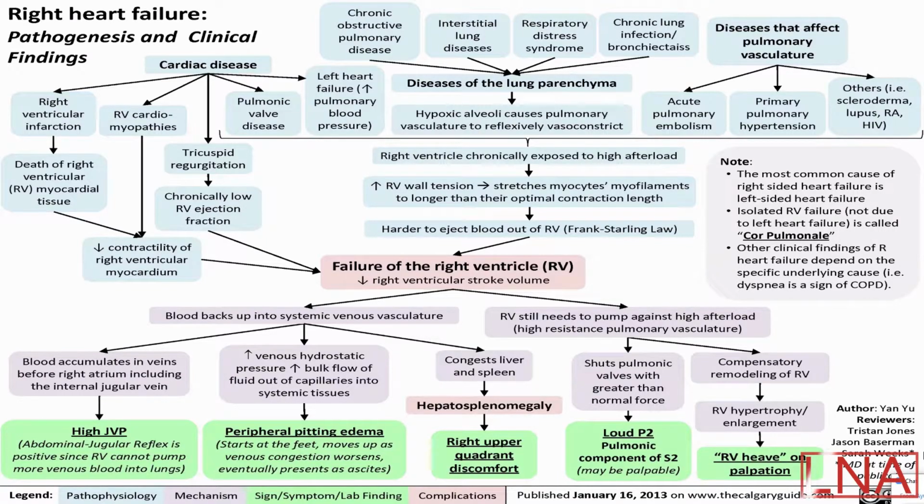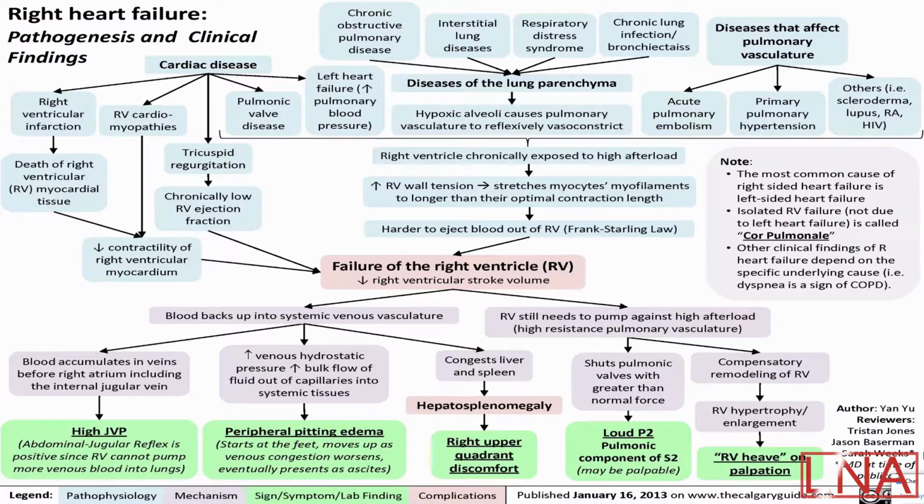The key problem, the main problem, is again a decreased ejection fraction and cardiac output from the chamber of the right ventricle to the system of pulmonary circulation. So decreased right ventricular stroke volume leads in two ways.